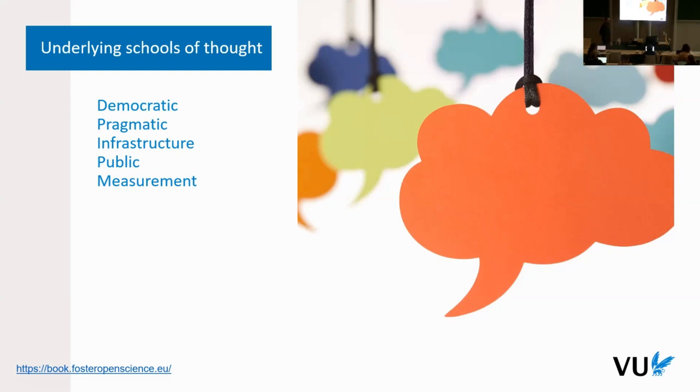And there is also a school of thought that focuses on the fact that the metrics we currently use to evaluate research and researchers are actually quite flawed. And we have known this for a long time.